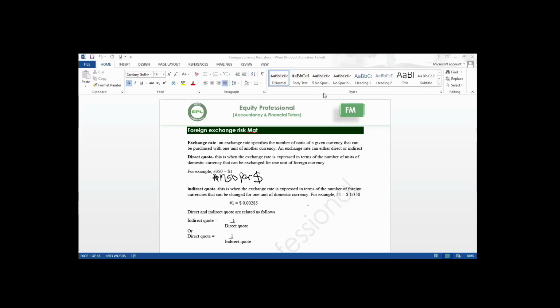Direct quotation. This is when the exchange rate is expressed or stated in terms of the number of units of local currency, domestic currency, that can buy 1 unit of foreign currency.